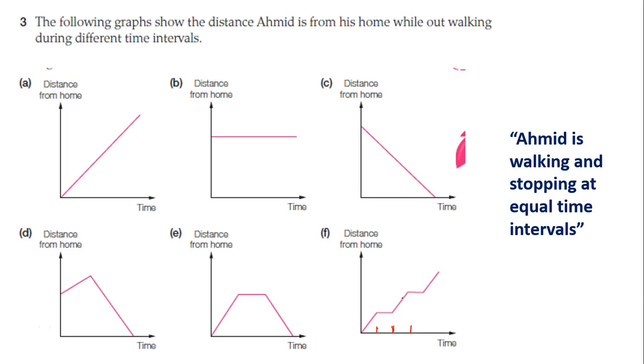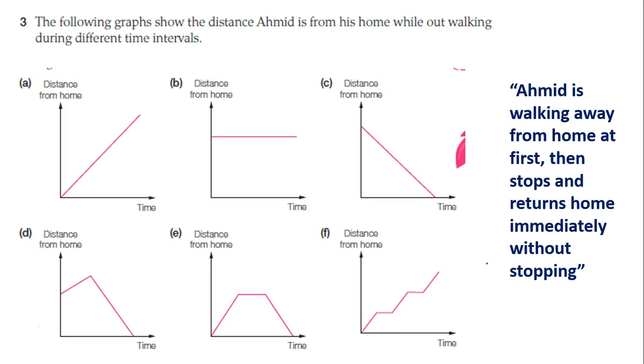Then he starts walking again for a certain period of time. He stops again and then walks again. So you can see they're pretty much equal time intervals. He's taking the same amount of time to walk, stop, walk. So it is F.